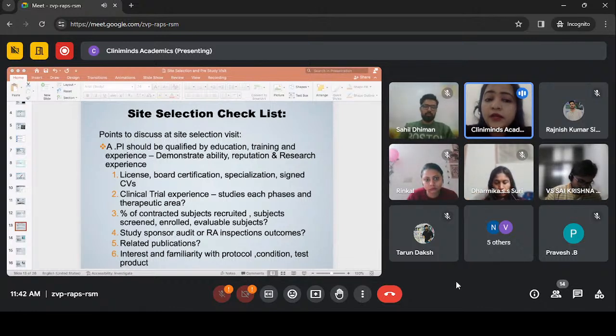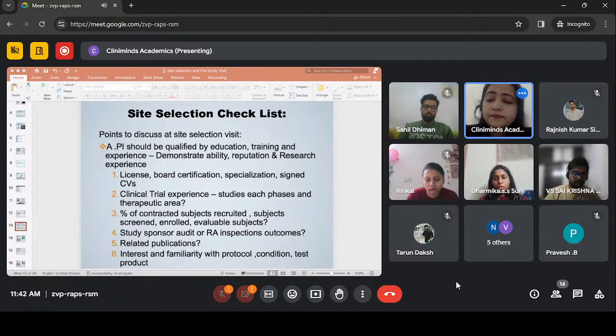Apart from that, they are going to see all the relevant certificates related to their degrees. They will also check their license, whether their registration is still valid with the Medical Council of India, that is MCI. Then they will check their trainings, whether they have been trained on what they need to be trained on to do clinical research.